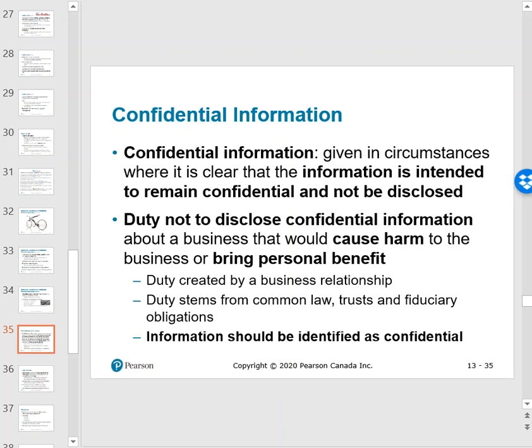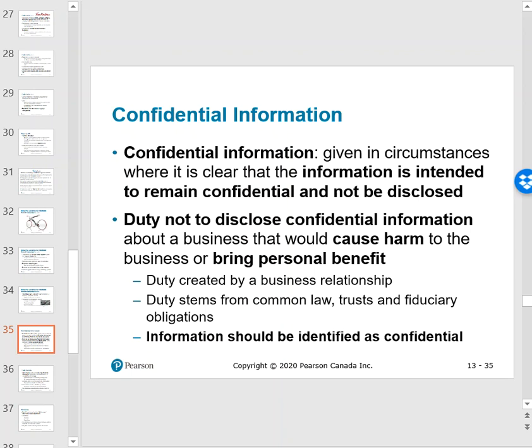So it's very common in business nowadays for companies, when they start negotiating, when they start interacting with one another, to sign non-disclosure agreements. So agreements in which both parties, usually both parties, but it may be only one party, agree not to disclose confidential information they have access to. Okay? And for us to protect confidential information, we need to identify the information as confidential.